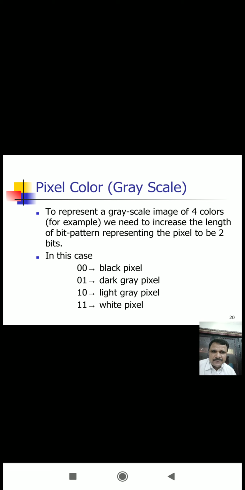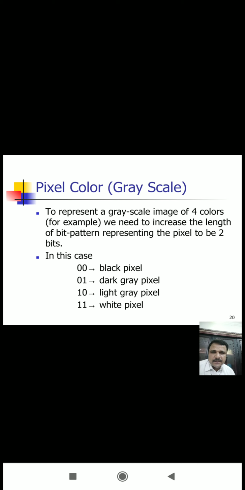So there are 4 color combinations: black, dark gray, light gray, and white. We need 4 colors to represent a grayscale image. So how many bits are required? Obviously 2 raised to power 2 is equal to 4. So we need only 2 bits.